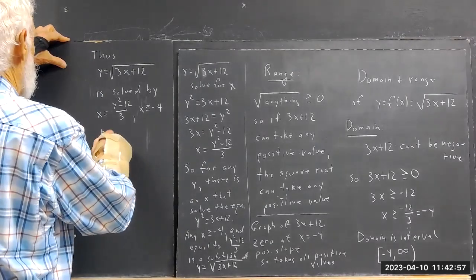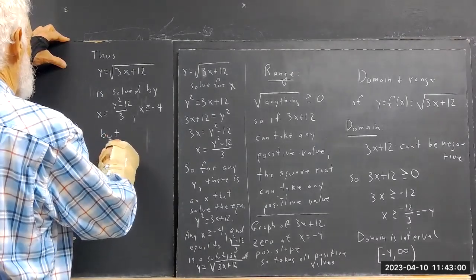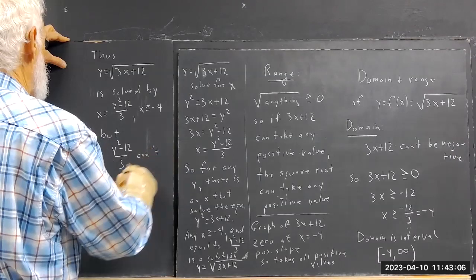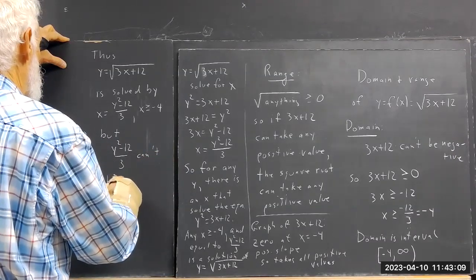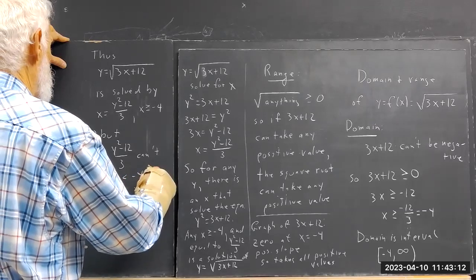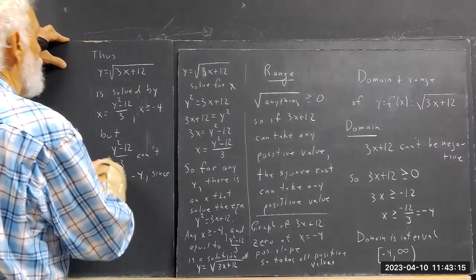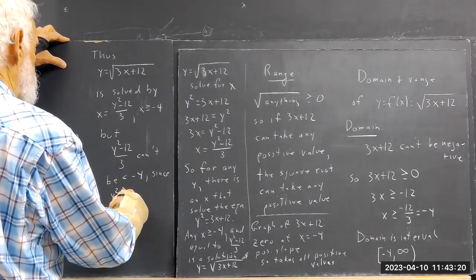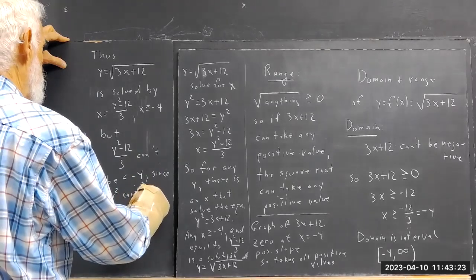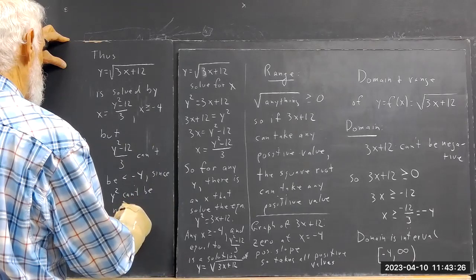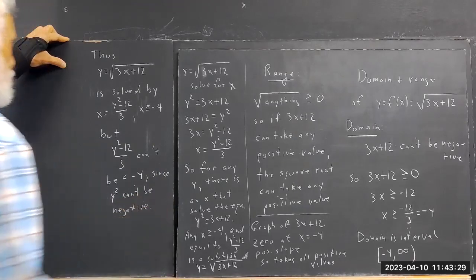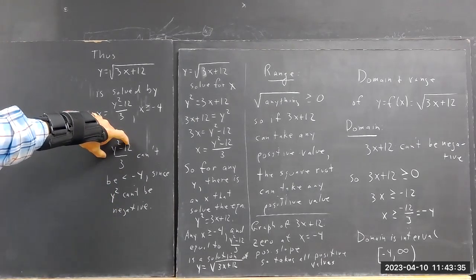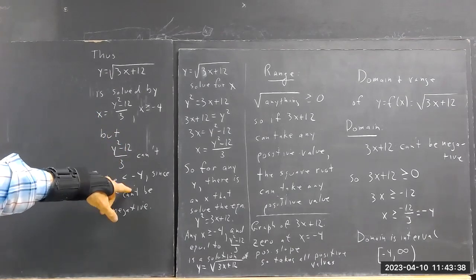We can also say this can't be less than -4. Y squared can't be negative. If y squared can't be negative, this numerator can't be less than -12. So the result can't be less than -4.